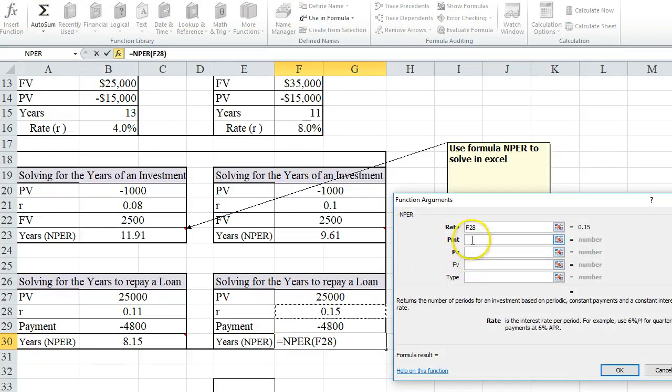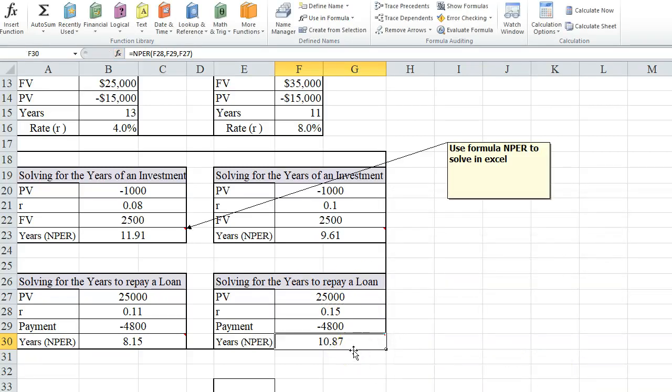Our rate, payment, and present value. 10.87. And in this case, since the payment is considered the present value, we can't have both of these negative, otherwise it would cancel each other out. So we just keep the payment as a negative here to get our N per or years result.